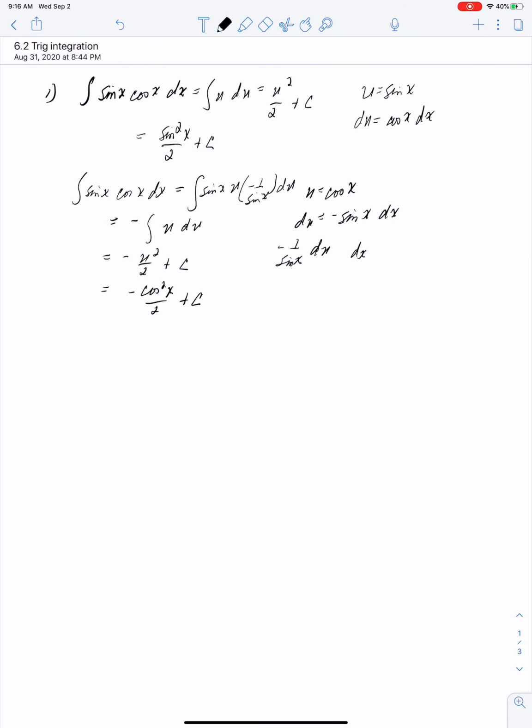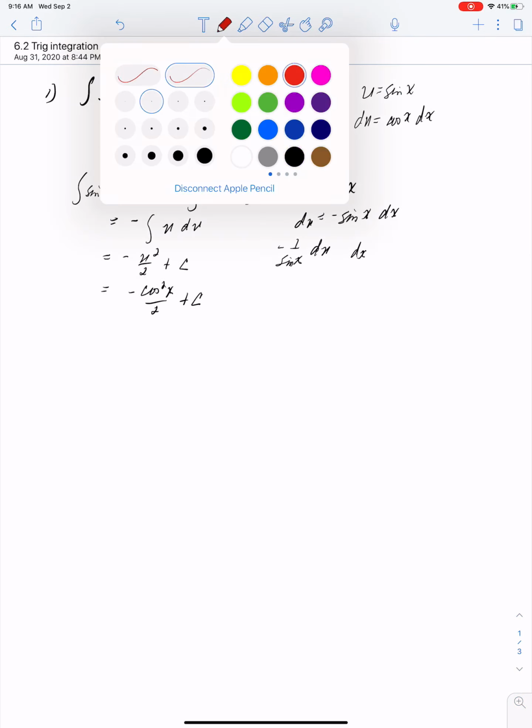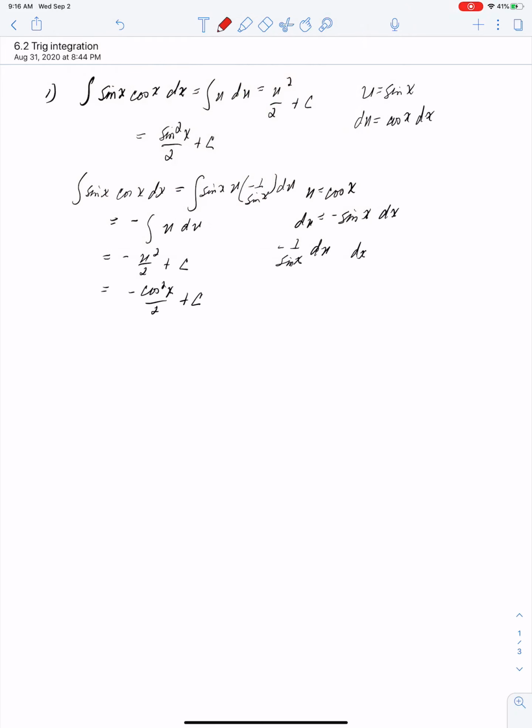And let's finish this up. So how is this function a constant away from that? And the answer is, what do I know? Well, I know the trig identity, what? Sine squared x plus cosine squared x equals 1. That's one of the Pythagorean identities.